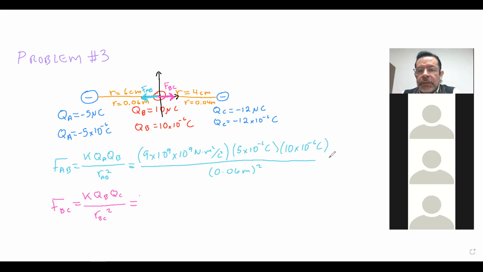What's the value of the force AB? 125 newtons. House Power Rangers, please validate.